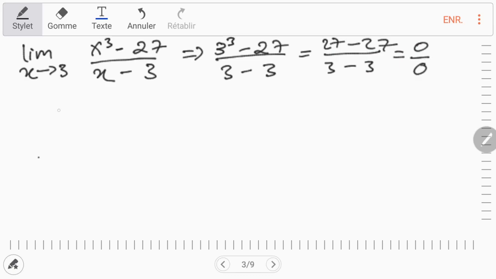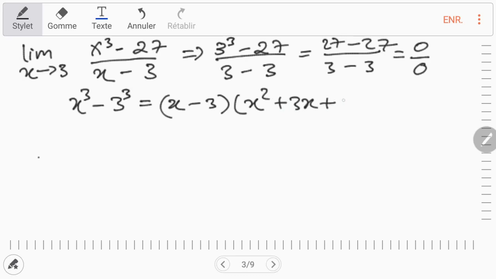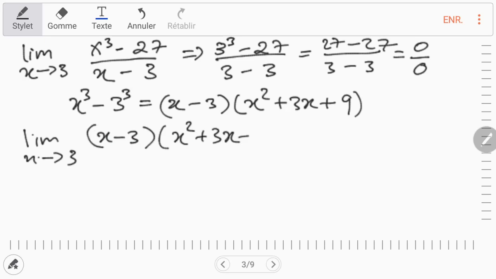But we can factorize x cubed minus 3 cubed into x minus 3 times x squared plus 3x plus 9, all over x minus 3.